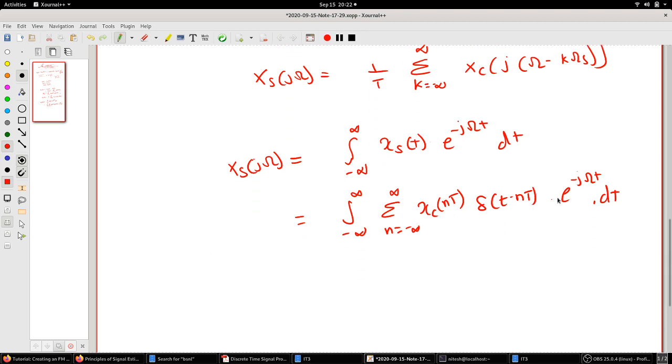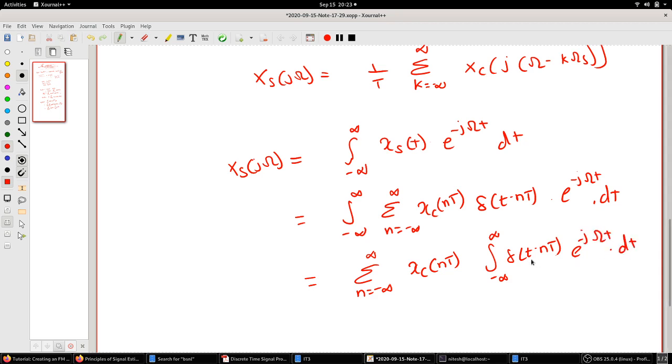Now if you multiply this and do the integration, the output turns out to be summation n equal to minus infinity to infinity. I can take xc of nT out because it is a constant in this scenario, and the remaining is the integral of delta of t minus nT times e raised to minus j omega t dt.